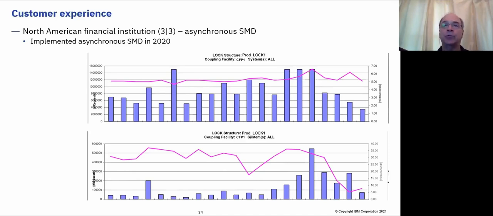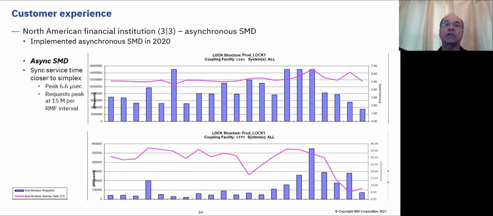There were negligible async requests because almost nothing got converted from synchronous to asynchronous. On top, the service times peak at a little over 6 microseconds, which is a whole lot better than the numbers we were seeing on the prior charts. For the secondary structure, we're seeing variations up to a little over 35 microseconds for those query requests, but there are far, far fewer of them.